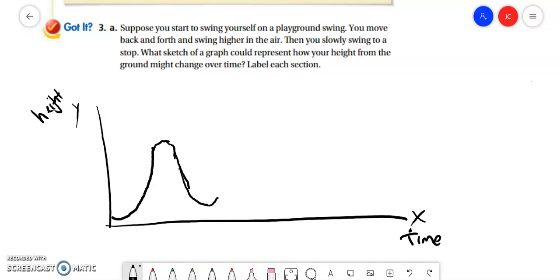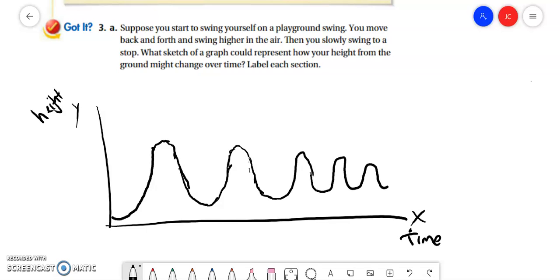But this time, you're going to swing back up, but you're going to lose a little bit of height because of gravity and friction. So we lose our momentum and we start to go back towards the center, and then this process will continue. Until the swing finally just steadies out and no longer has any height to it.